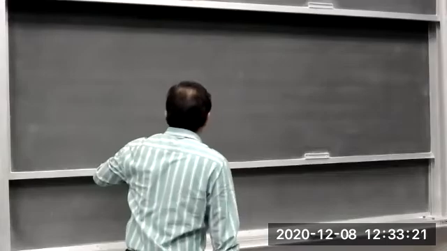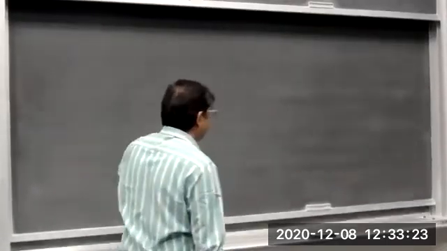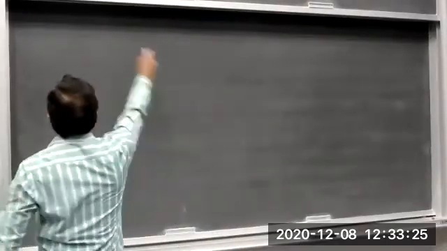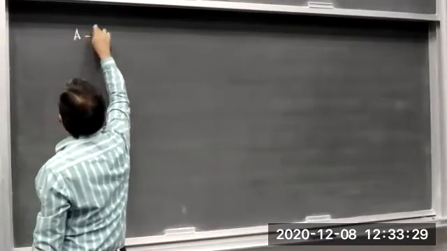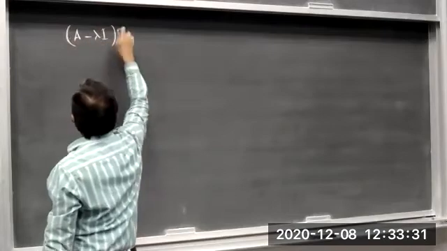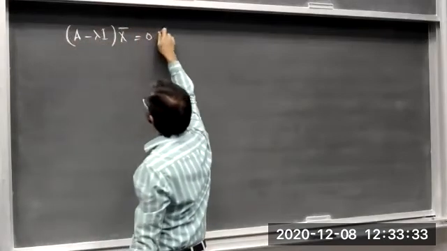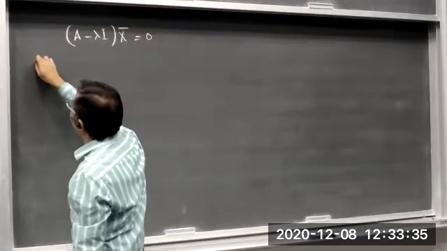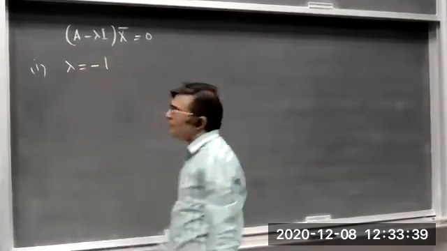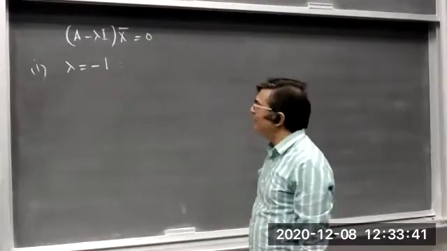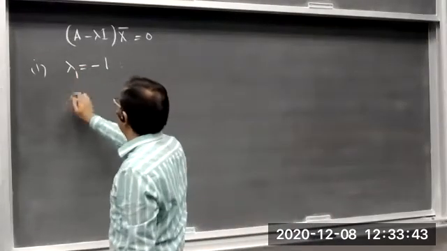Now we are going to find the corresponding eigenvectors from the equation (A minus lambda I) times x is equal to 0, where the first case is when lambda 1 is minus 1.